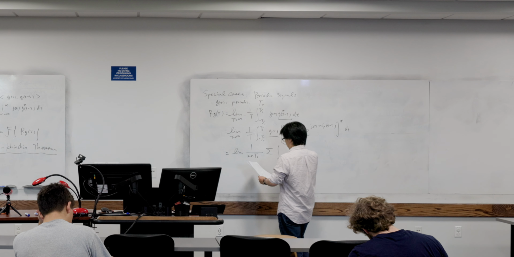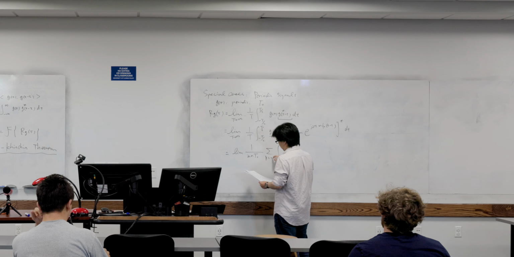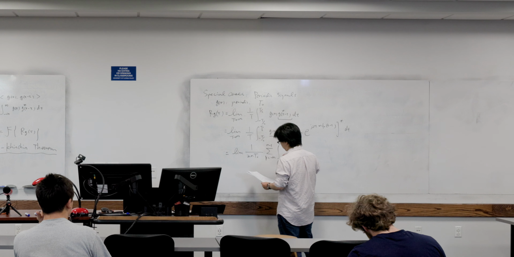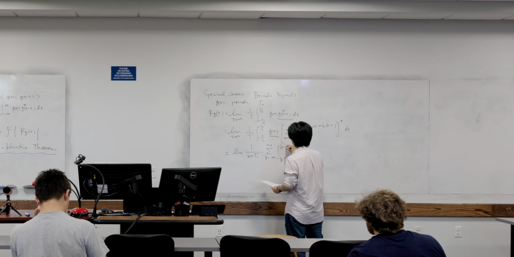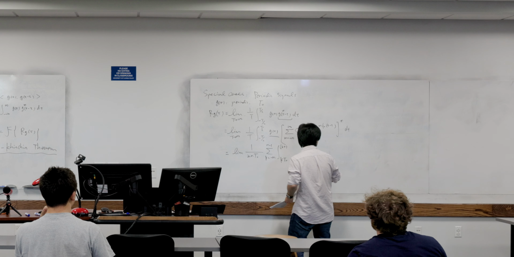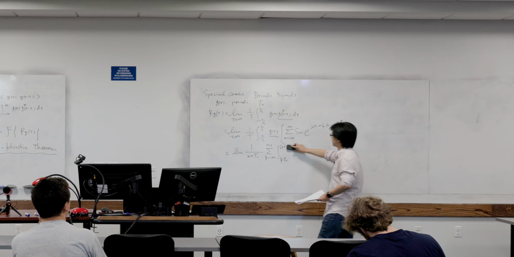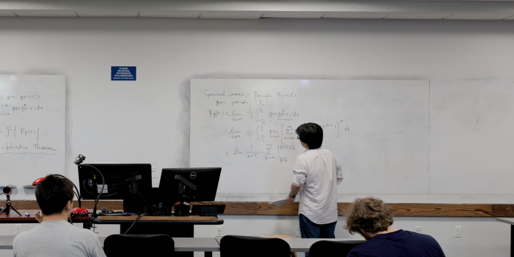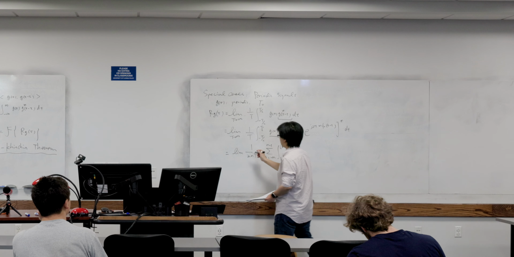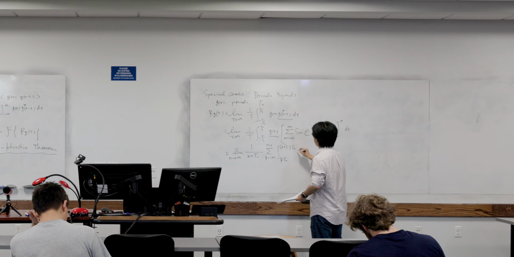Here we use another dummy variable, k, from minus n to n minus 1, and here we have k t naught to k plus 1 t naught. Clearly here we need to let n go to infinity. And then we have g of t.